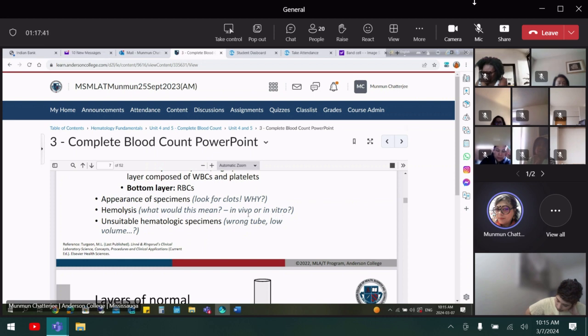Anybody have any idea what in vivo means? I told you before. In vivo is inside our body, and in vitro is outside the body.